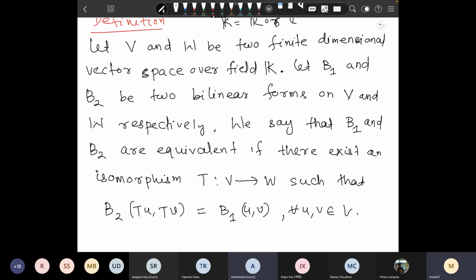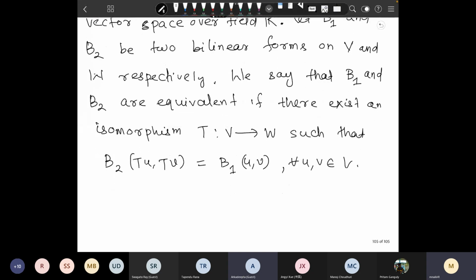Take some time to understand this. So let B1 and B2 be two bilinear forms on V and W respectively. We say that B1 and B2 are equivalent if there exists an isomorphism T from V to W so that B2(Tu, Tv) is equal to B1(u, v) for all u, v in V.